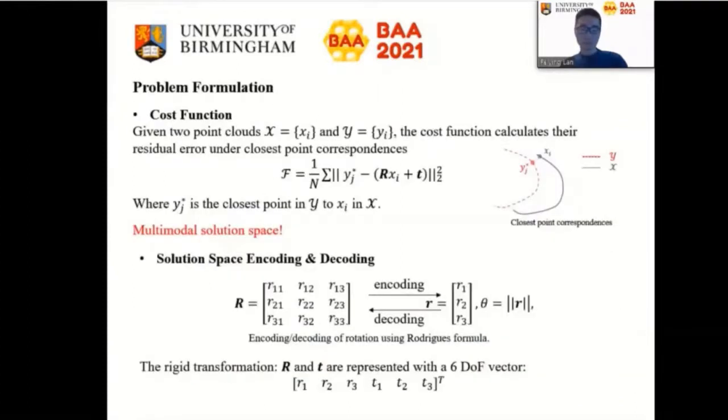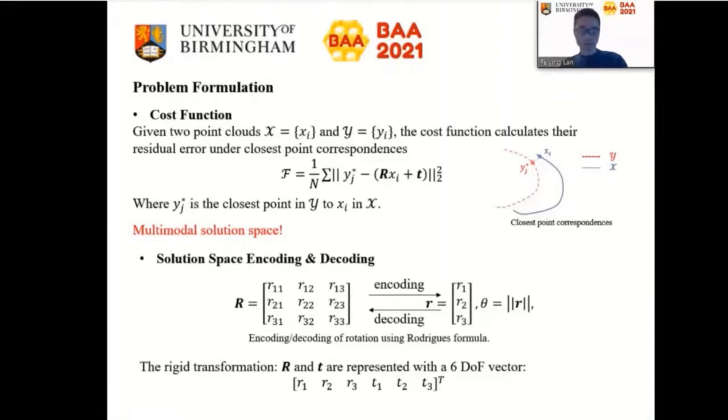The point cloud registration is usually formulated as an optimization problem. The fitness function is defined as the residual error between two point clouds using closest point correspondences. As in the figure, for each point in the X point cloud, the residual error is the distance to the corresponding closest point in the Y point cloud.